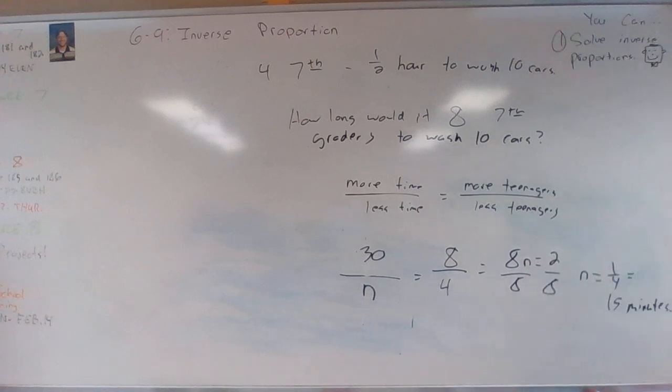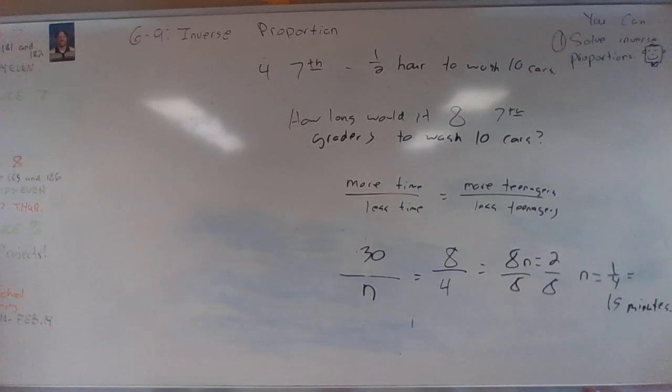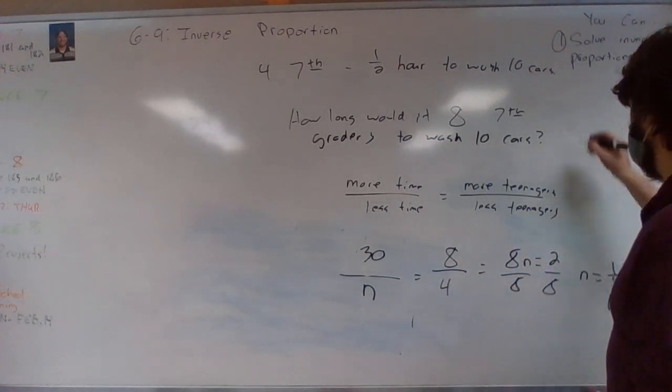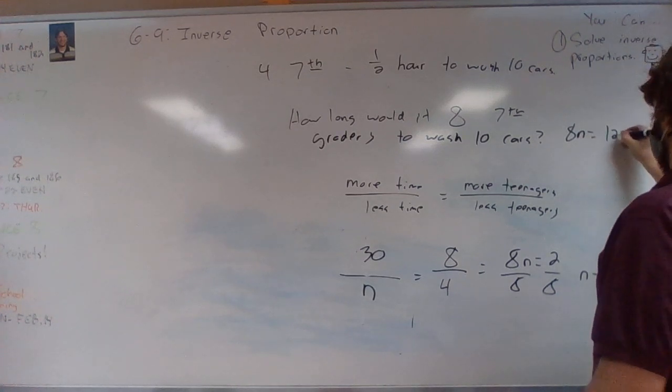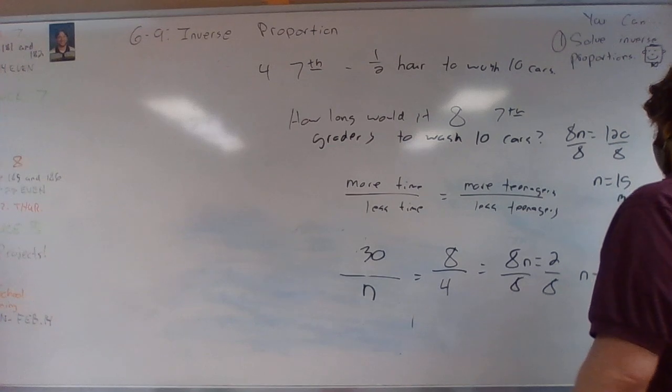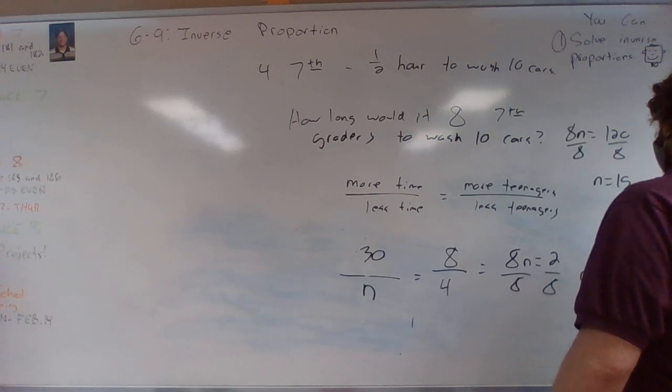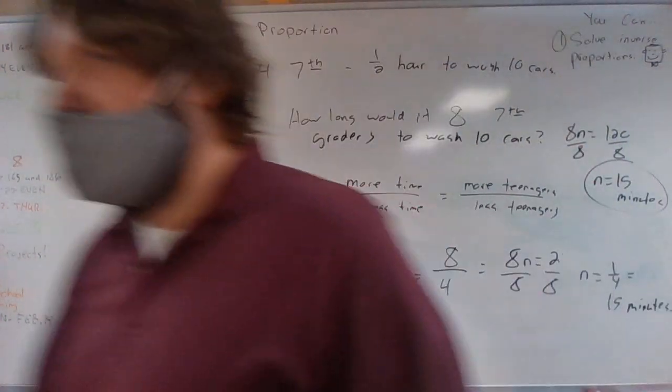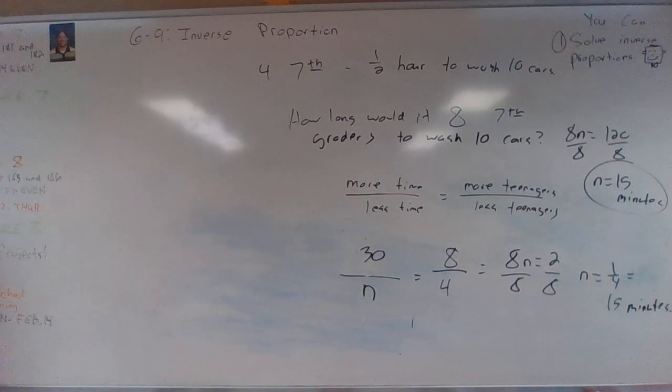Because now I'm figuring out for minutes, right? The same process. 8n equals 120, divide by 8, divide by 8, n equals 15 minutes. So you can go either way with it.